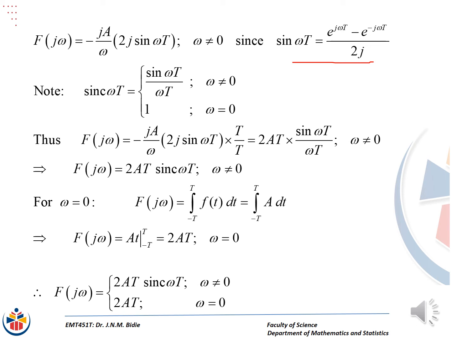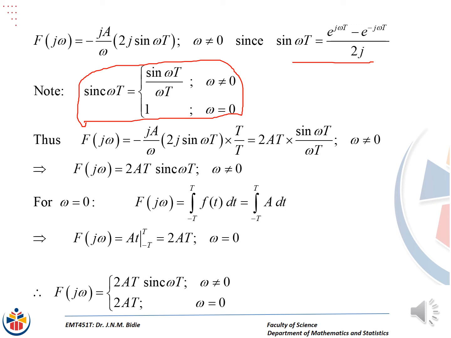Now, because we have a sine function there, we need to remember the special functions that we were introduced to earlier on in our course. That sinc function of omega t will be sine omega t over omega t when omega is not 0 and 1 when omega is equal to 0.